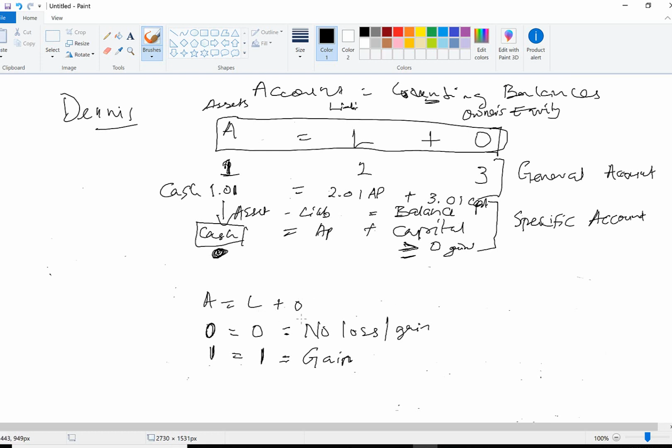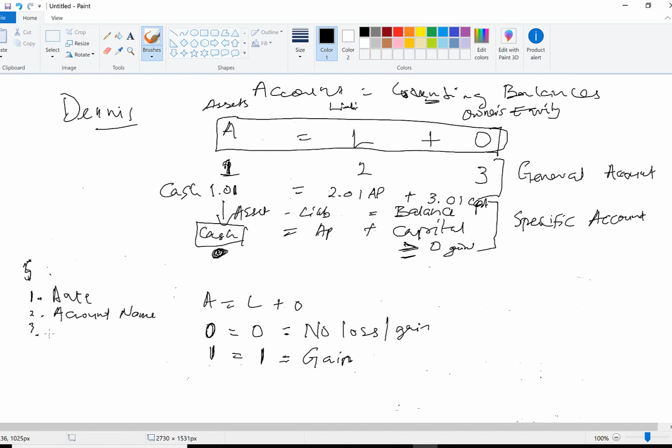Right, so we're gonna take this balance sheet and make the journal out of it. And we're gonna need 5 things in this journal. Number one, the dates. Number two, the account name.